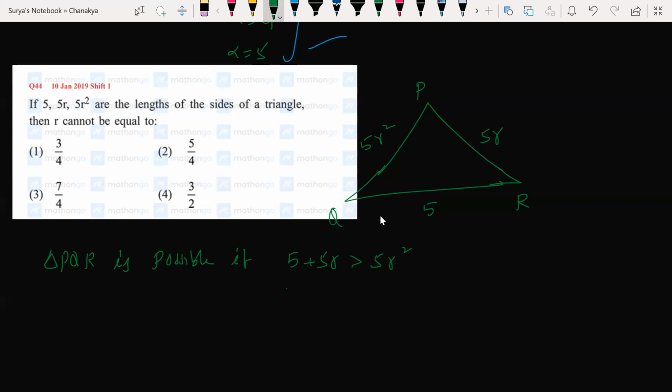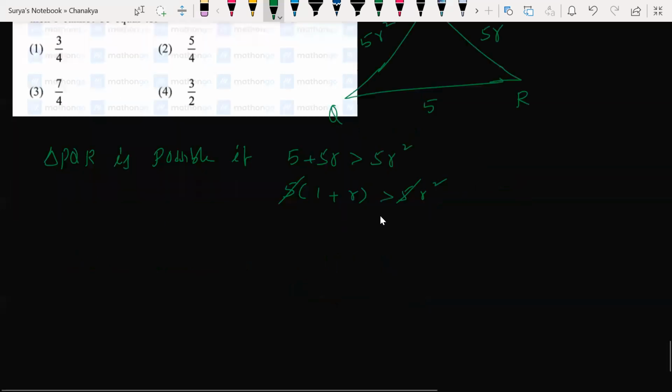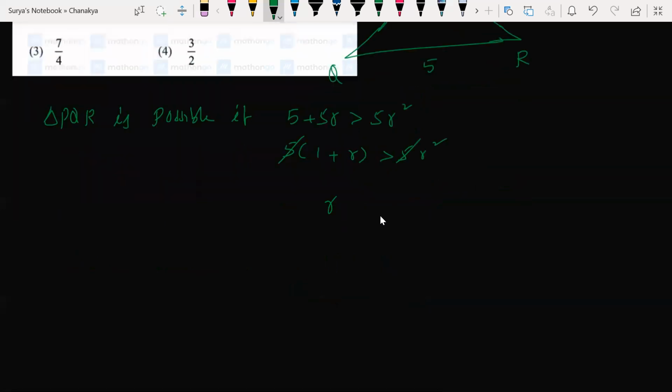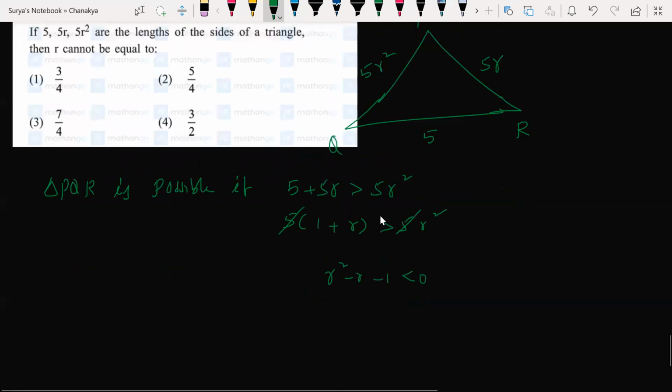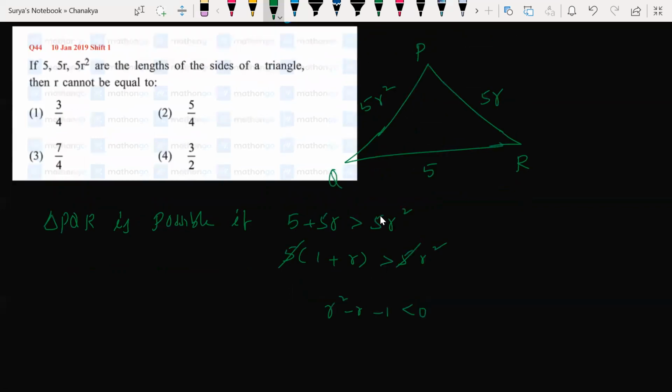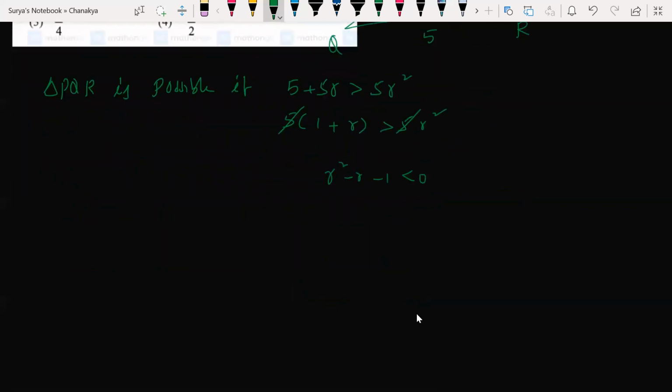So taking 5 common here, 1 plus r is greater than r square. I can cancel 5 on both sides. So what am I left with now? r square minus r minus 1 less than 0. Correct? So r cannot be equal to what he has given. Then just substitute this.